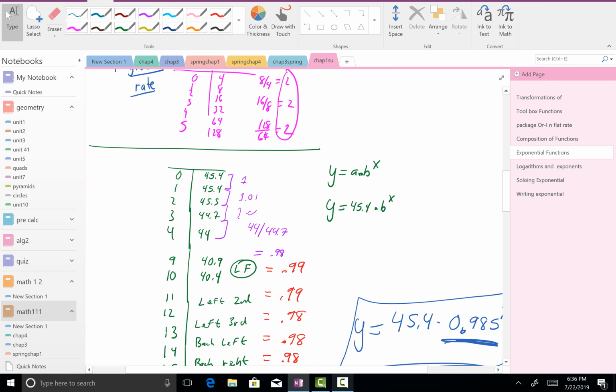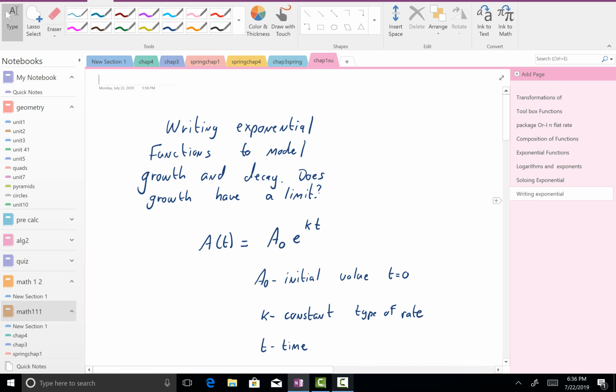Okay, and then at 9 it's 40.9, and at 10 it's 40.4. Let's see if I can make those work. I picked those because it's a little further down the line than initially. Okay.